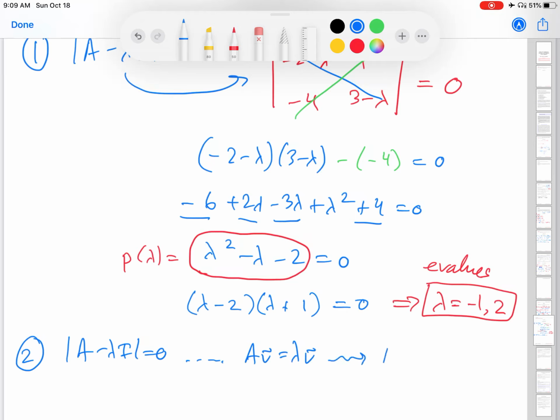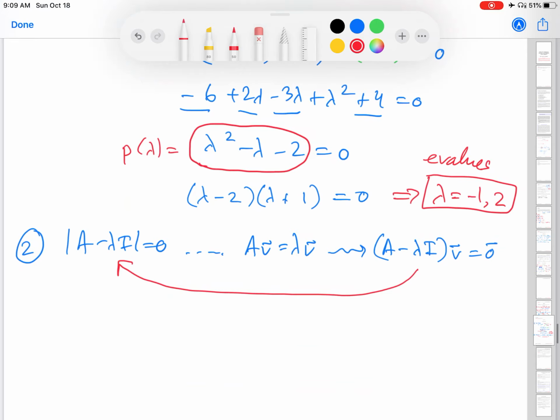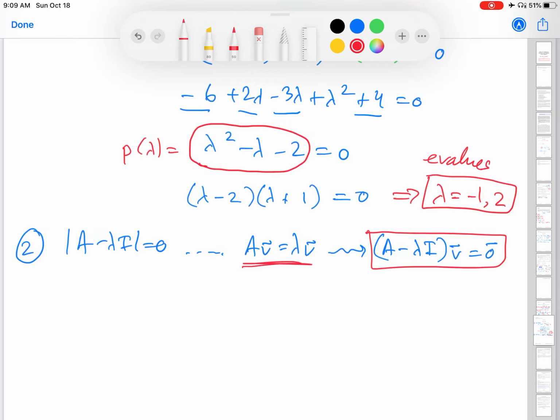And we had expressed the equation in this form. It's from there that we then applied the first theorem in this lesson to give us this as a condition for the eigenvalues. So I'm going to go back to this form of the eigenvector eigenvalue equation, and in general this is what you use to find the eigenvectors.